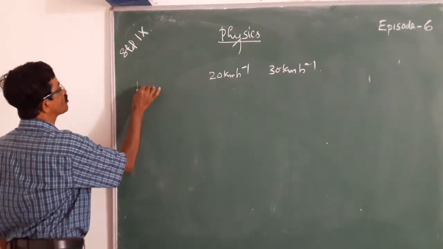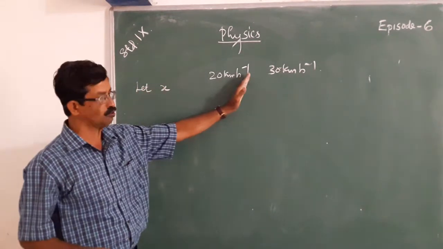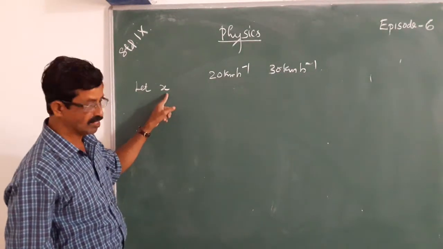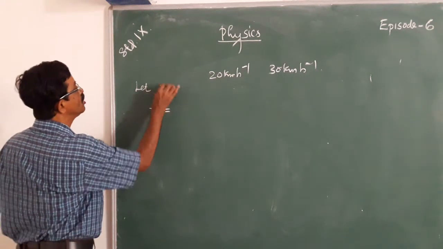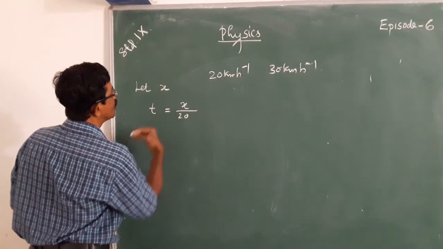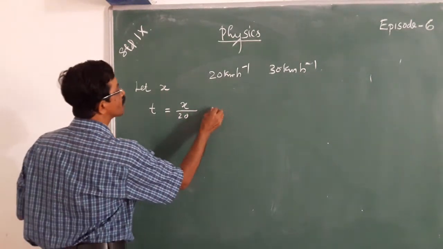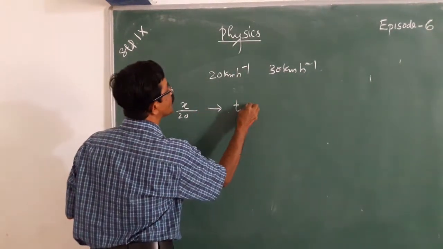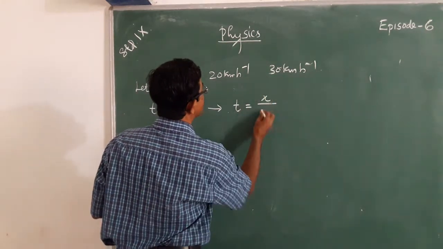Let x be the distance from his house to school, and the return distance is also the same. So we can find the time at the first stage. Time t is equal to distance by speed, that is x by 20 when he goes to school, and when he returns, the time taken is x by 30.